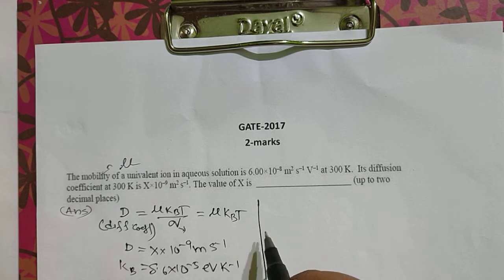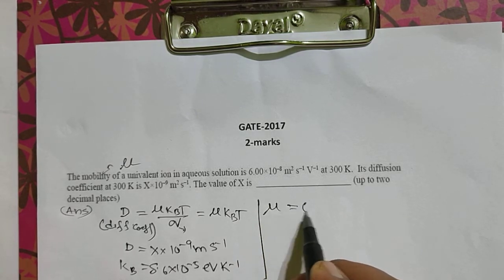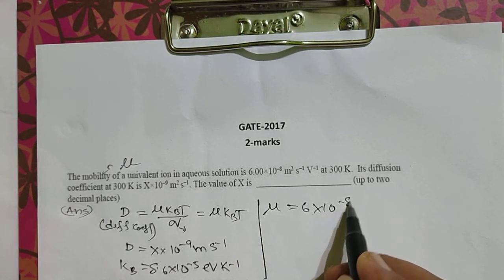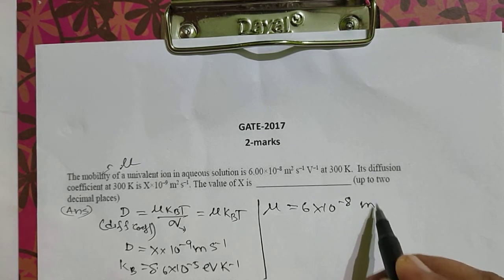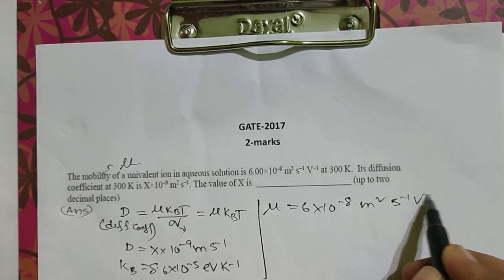And mu equals 6 into 10 to the power minus 8 meter square second inverse volt inverse.